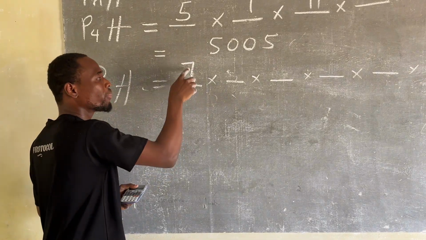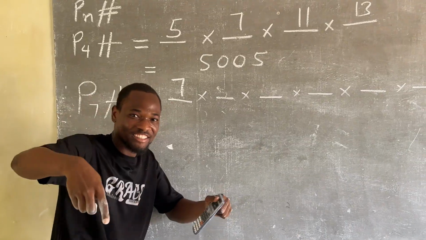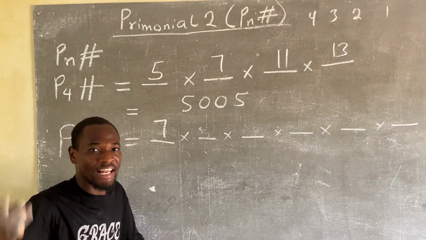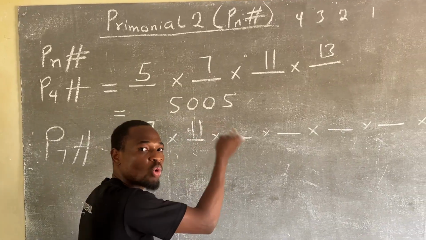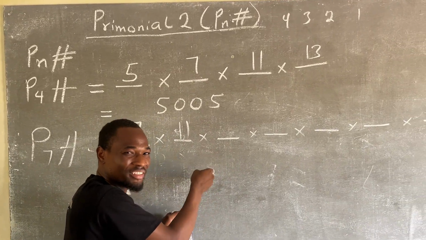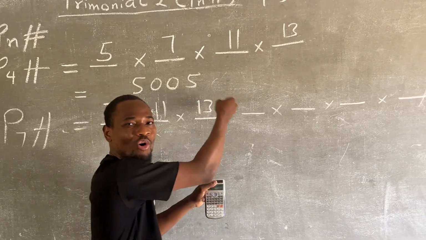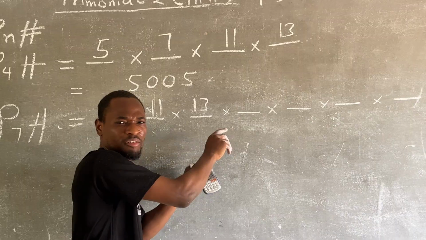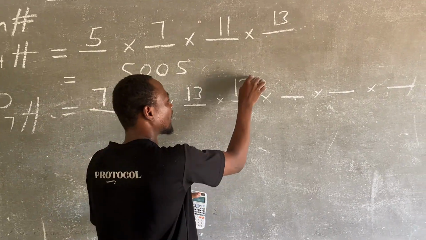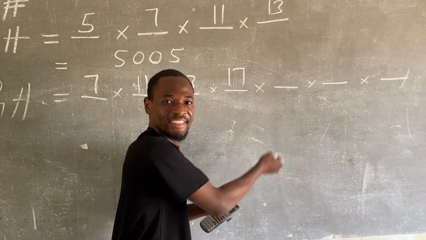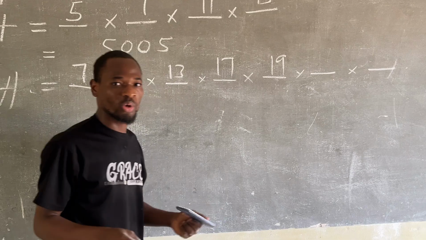What will be the next prime number? So I have 7, 8, 9, 10, 11. So I have 11, then 12, which is even. 13, this way. Then 14, 15, 16, 17, 18, 19.